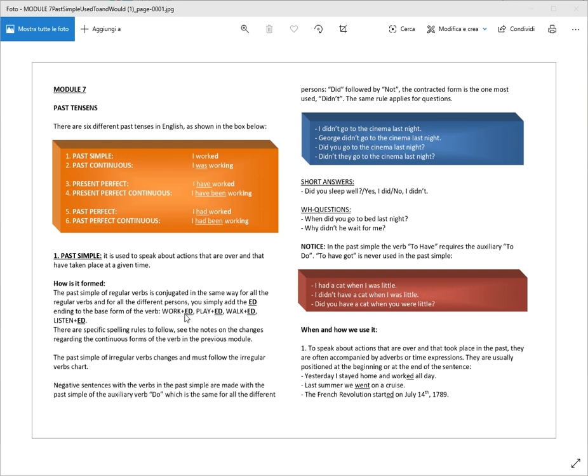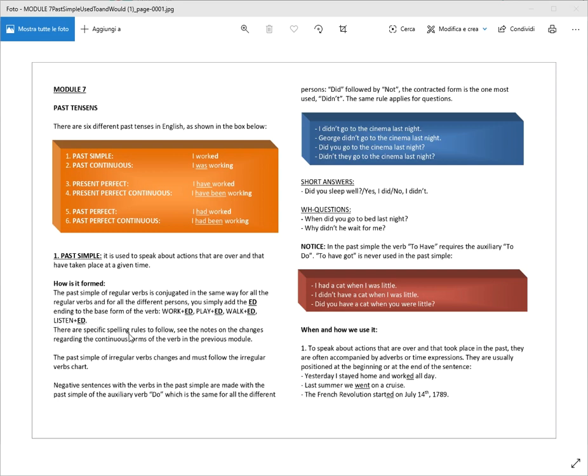Work plus the ed ending becomes worked. Play plus the ed ending becomes played. Walk plus ed ending becomes walked, and listen plus the ed ending becomes listened.